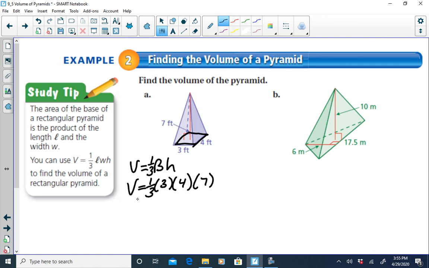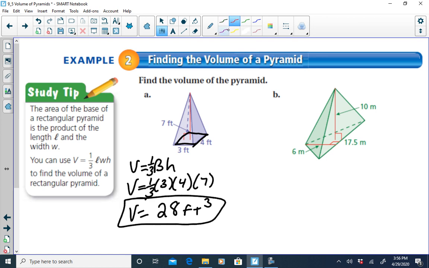I almost forgot my 1/3. So the volume is going to be equal to 1/3 times 3 times 4 times 7. That's going to be 28 cubic feet.